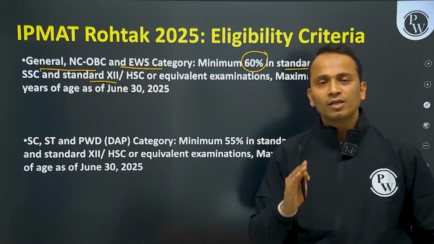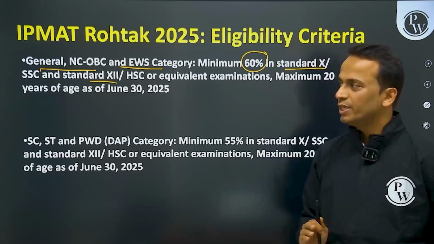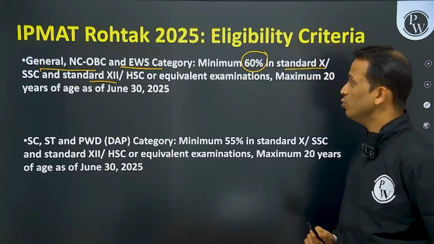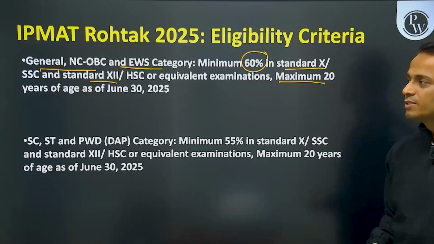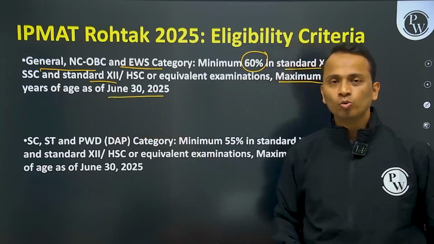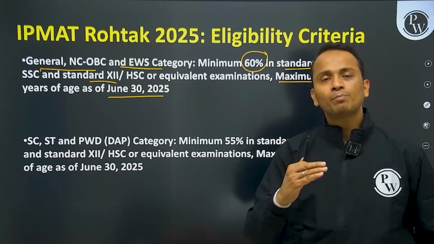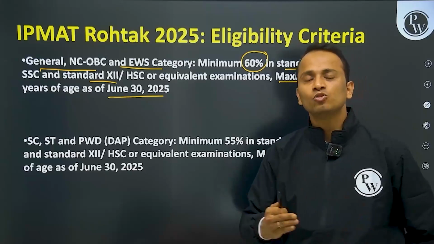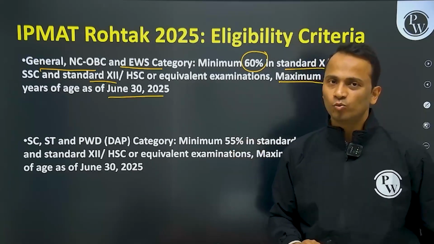Also, the age criteria is that you should be a maximum of 20 years of age as on June 30th, 2025. So there is a cap on the marks you scored in 10th and 12th, as well as a cap on age.